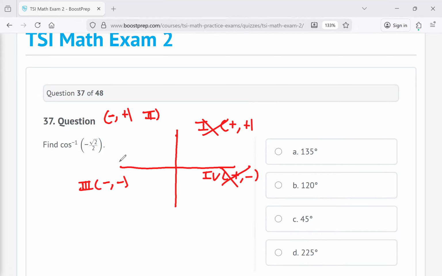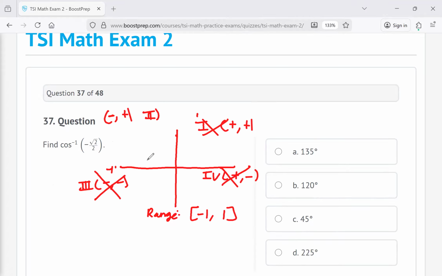Unfortunately, if you're dealing with cosine inverse, you need to know the range. The range of a cosine inverse is from -1 to +1, right? Here's -1, there's +1. That means we can only use quadrant 1 and 2. So even though cosine is negative in quadrant 3, it's not within our range, so we can exclude that.